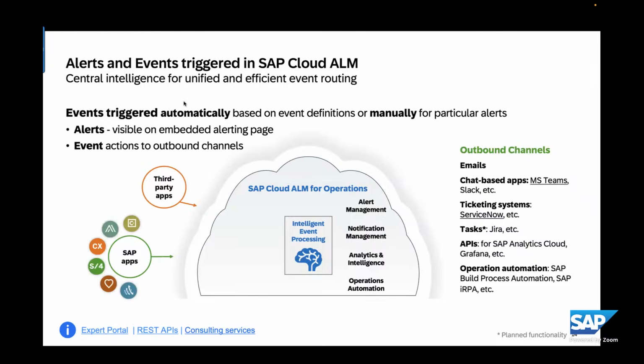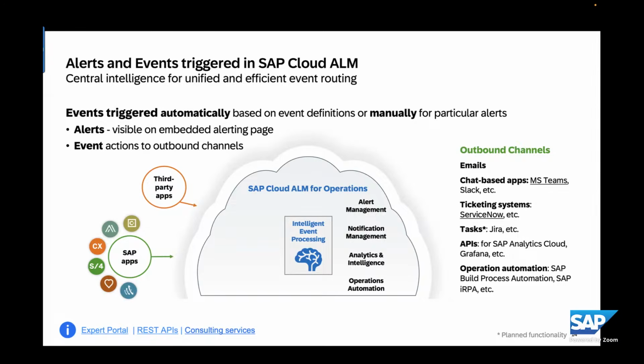Alerts and events triggered in SAP Cloud ALM are completely automatic. So that means as soon as you have configured that an alert should be raised when an iFlow is in an error state, then the alert will appear in the so-called alerting page. And here are some event actions also available, so that if an alert is raised, you can directly create a ticket in the ServiceNow system, for example.